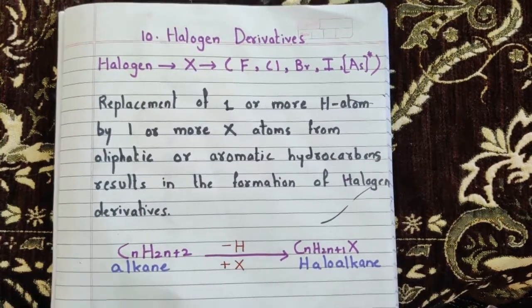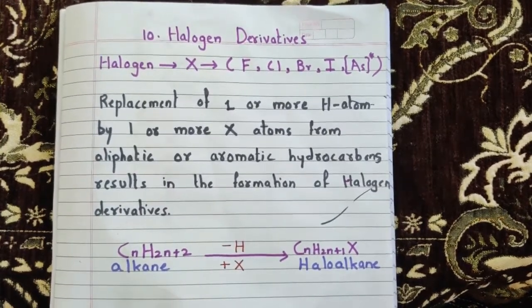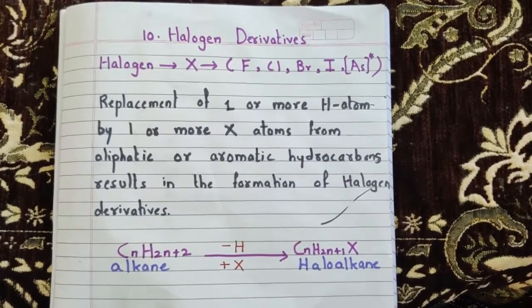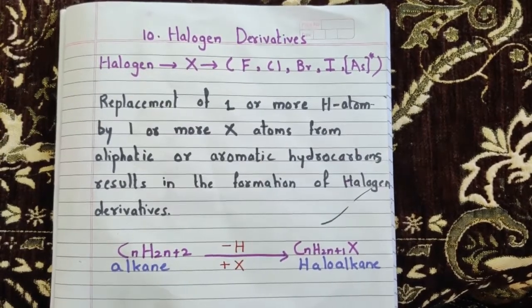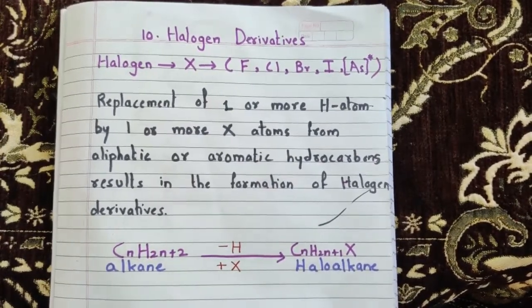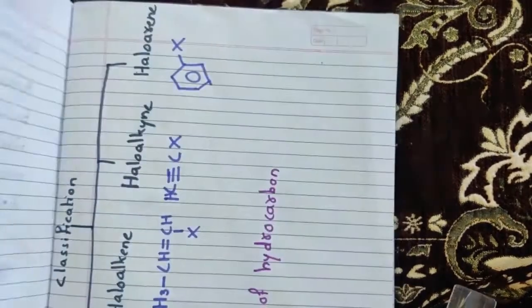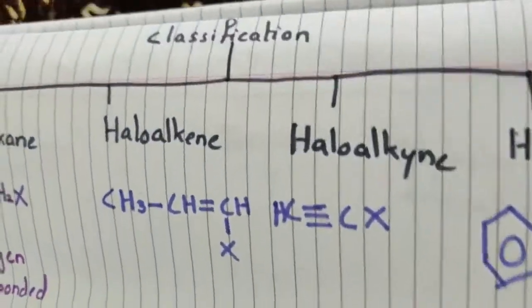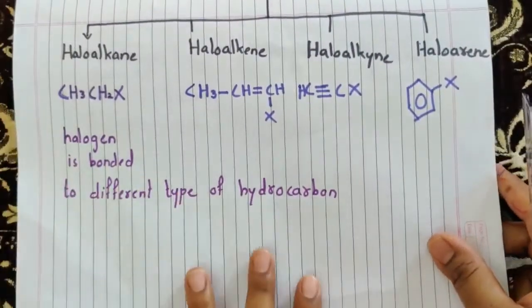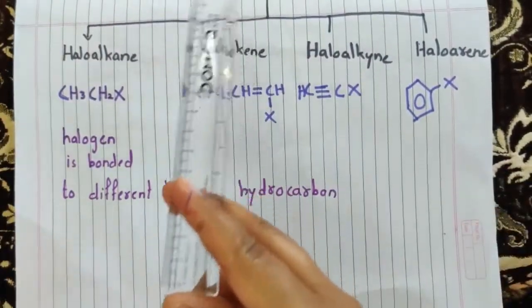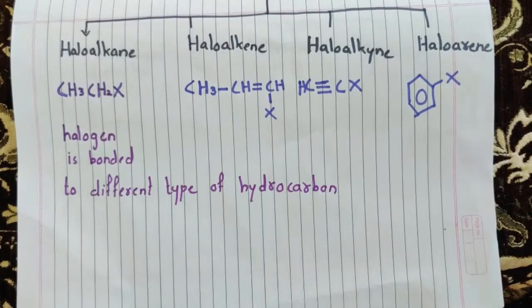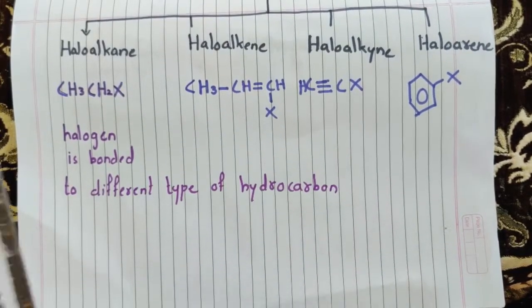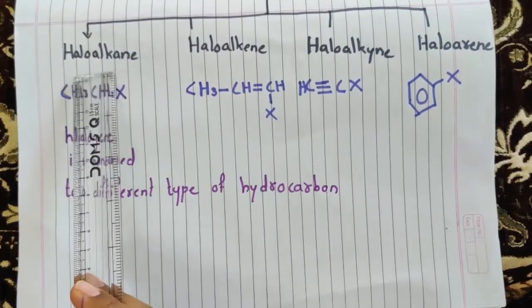We can classify the halogen derivative on two bases. First, on the basis of the hydrocarbon chain to which we are adding our halogen. On that basis, the halogen derivatives can be classified into four different categories. If you do the substitution of a halogen to an alkane chain, you will get a haloalkane.